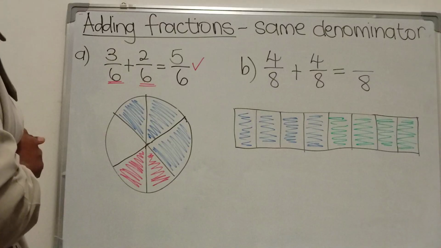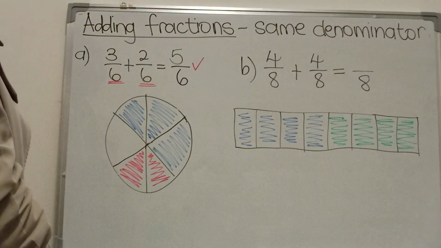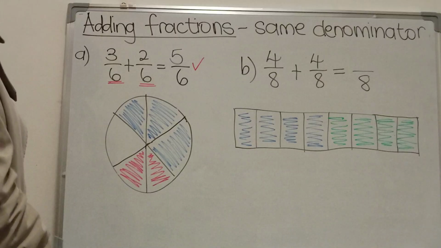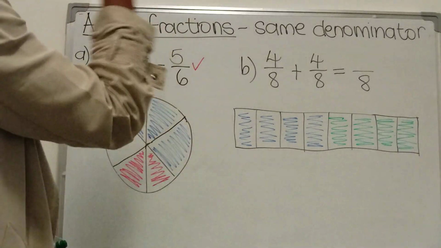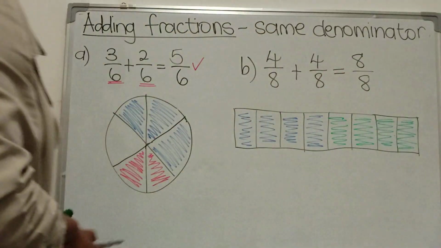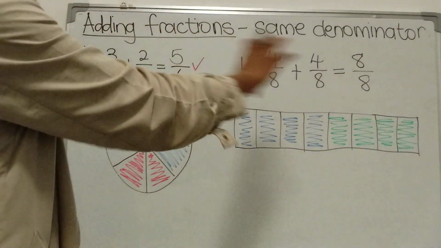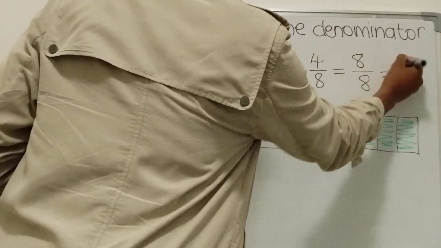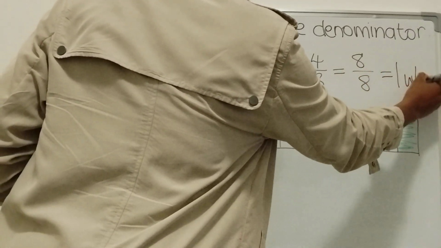Sayibona? Now immediately umntana uyabona, okay, ndizikhrayinishe zonke mos. So that should mean u-8/8 i-answer yam. And u-8/8 uthetha ukuthi I have colored everything in the whole. So u-8/8 is equal to bani? Is equal to 1 whole.